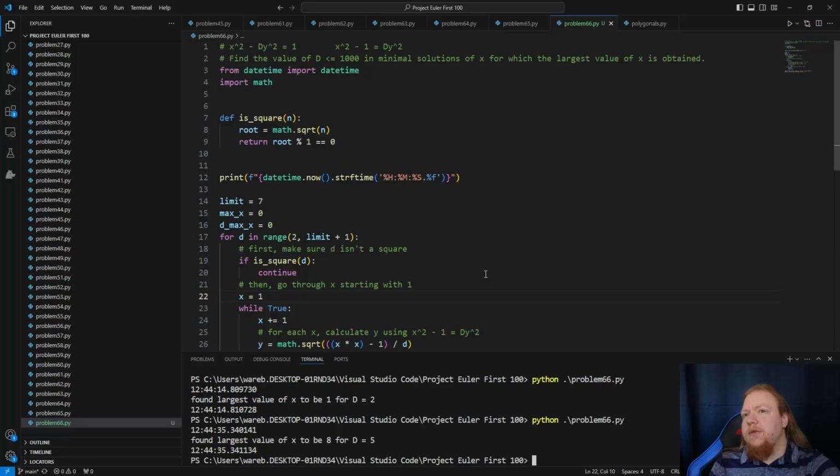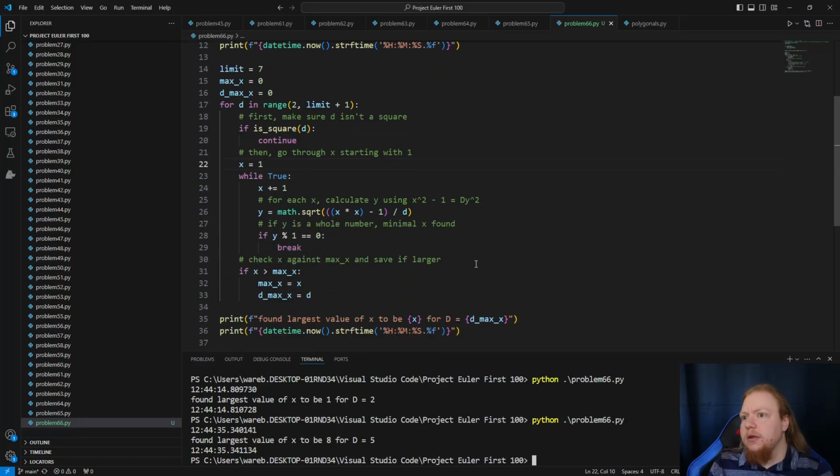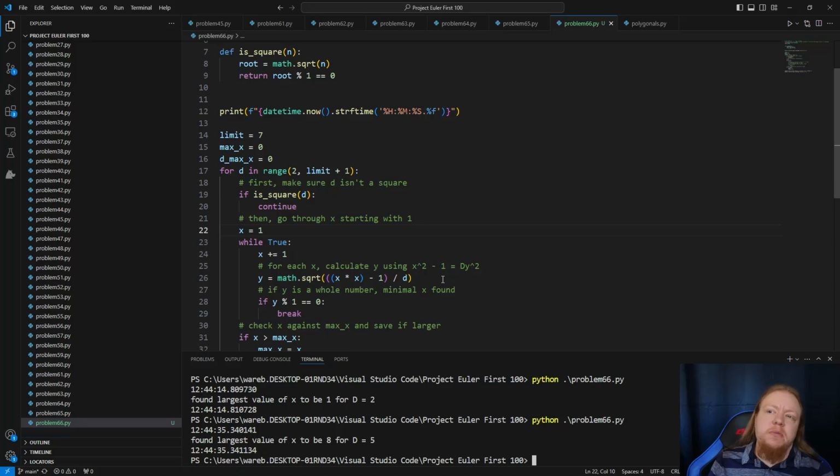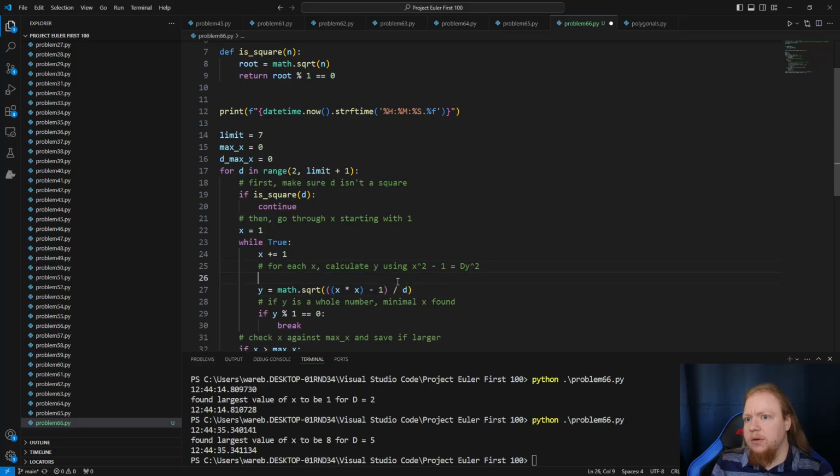I have a feeling I am supposed to be doing this somewhat differently. In other words, possibly I did my algebra wrong. x times x, subtract 1, divide by d. I'm just going to call this y2 is equal to all of this.